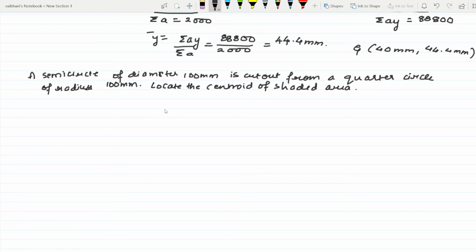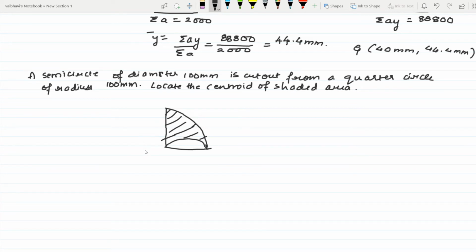Okay, so this is the quarter circle and there is a semicircle. This is the shaded area. We have to find the centroid of this shaded portion.